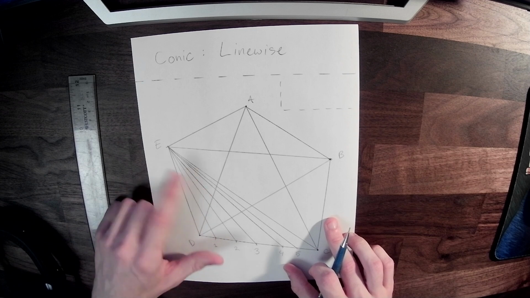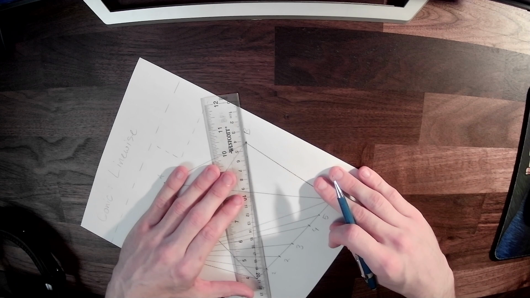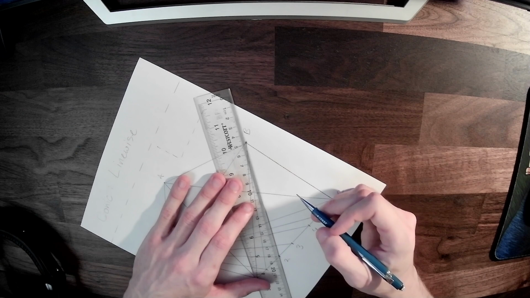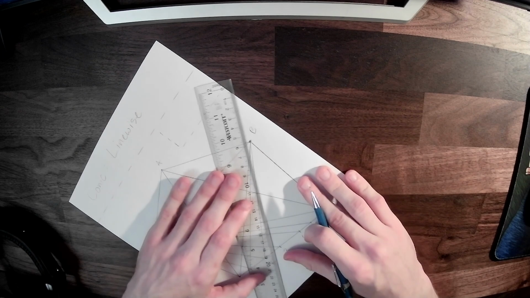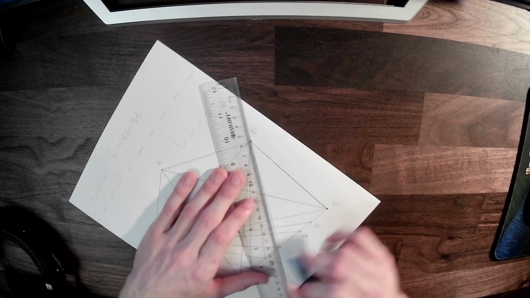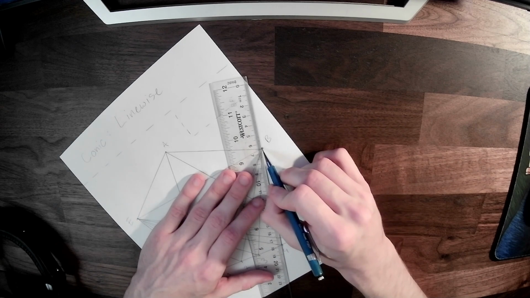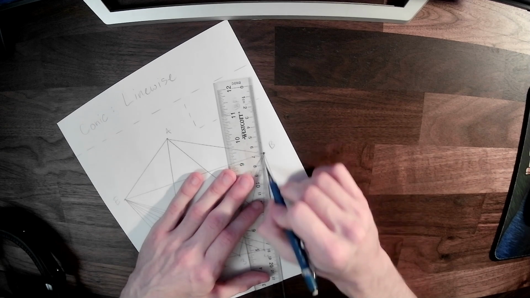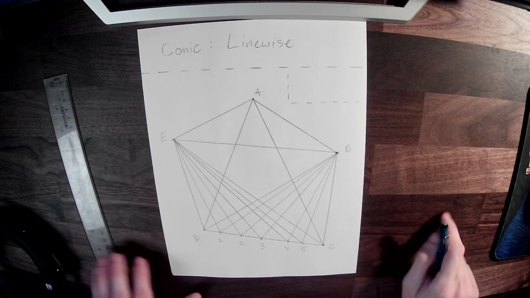So I've got lines coming from E. I'm going to draw the ones from B. Okay, so there are my two sets of lines.